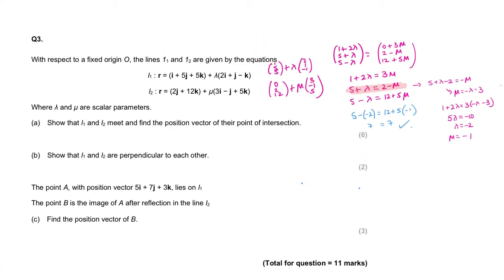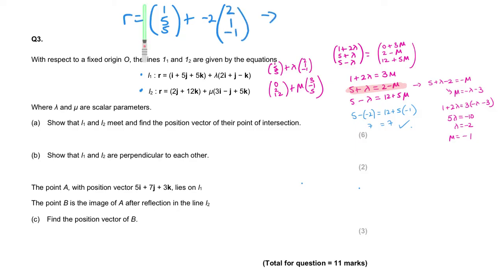So now I've figured out what lambda and mu equal. To find the position vector, I can choose either of these. So if I choose the first one, R equals (1, 5, 5) plus lambda, which we just worked out was minus 2 lots of (2, 1, minus 1).